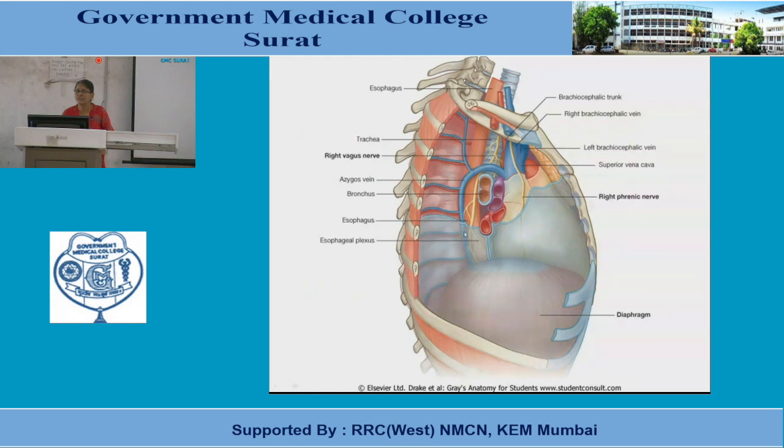This is the azygous vein. This is the arch of azygous vein. What is this? It is the superior vena cava. We are looking at the mediastinum from the right side. This is the right view of the mediastinum, and these are the intercostal veins, second, third and fourth. They unite and drain into the arch of azygous vein on the right side.